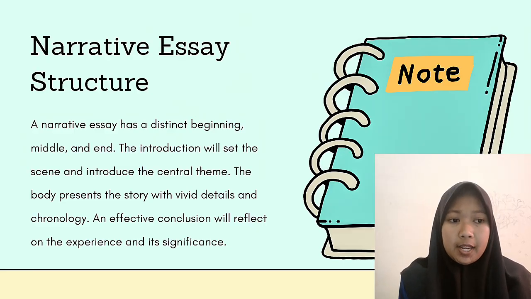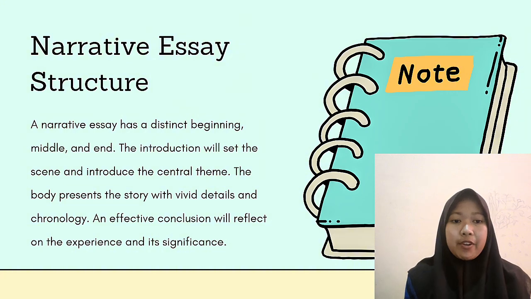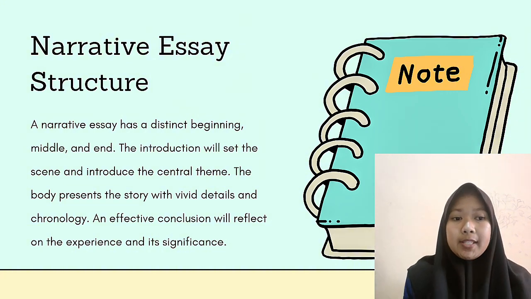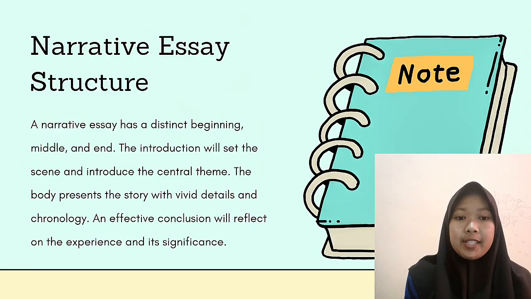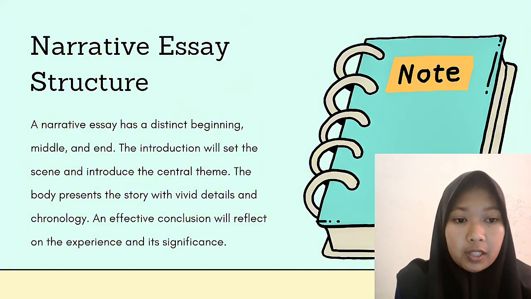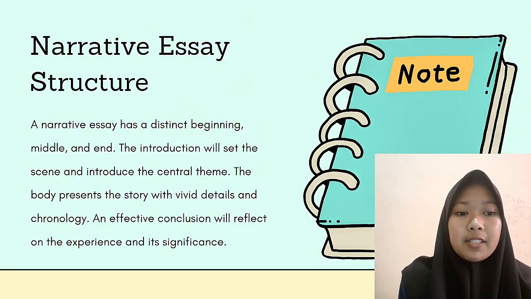And Malin Kundang said, "Enough, old woman, I have never had a mother like you. A dirty and ugly woman." After that, he ordered his crew to sail the ship. And in the quiet sea, suddenly a thunderstorm came.